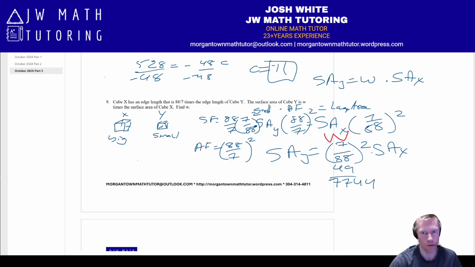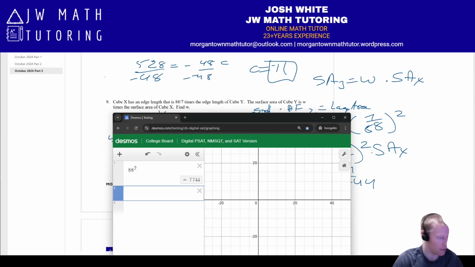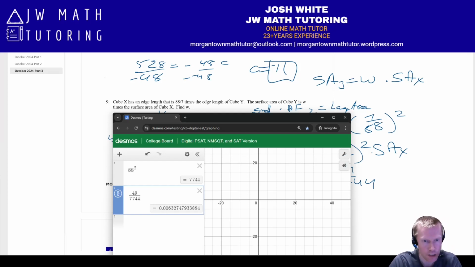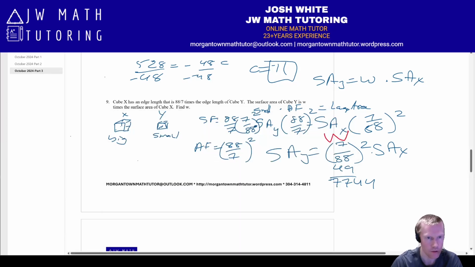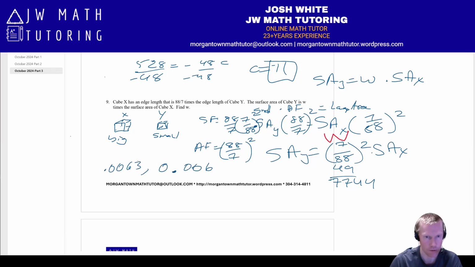But if it was a student-produced response you could fill in, you just have to go to Desmos and divide 49 by 7744, and so you could either fill in 0.0063 as the decimal, or you could do 0.006. Either of those would fill up all 5 spaces.